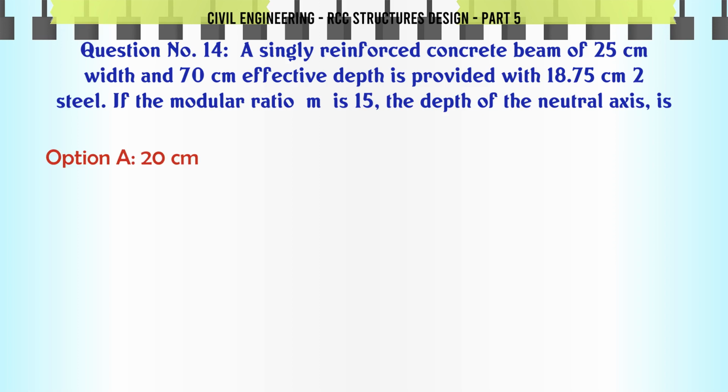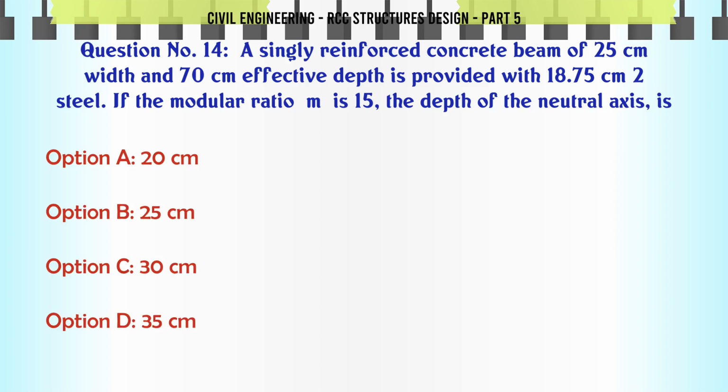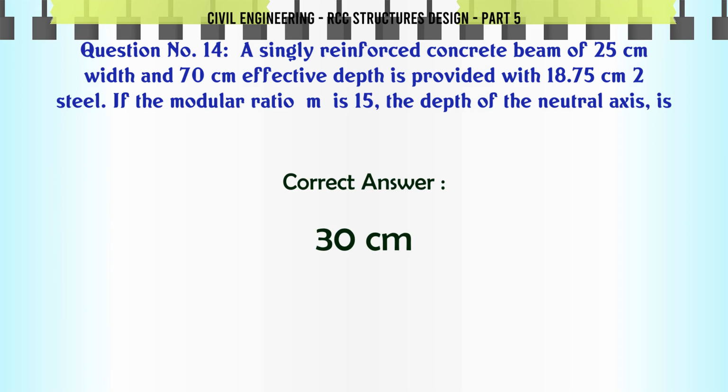A singly reinforced concrete beam of 25 cm width and 70 cm effective depth is provided with 18.75 cm2 steel. If the modular ratio m is 15, the depth of the neutral axis is A 20 cm, B 25 cm, C 30 cm, D 35 cm. The correct answer is 30 cm.